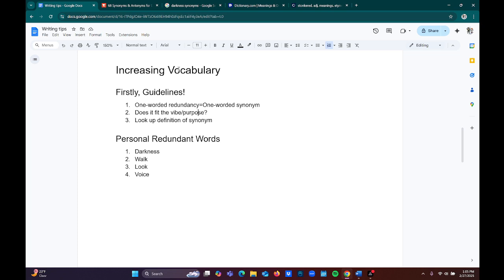The original word that you used is a more common one, or your writing style is a little more casual, I guess you could say. Like you have a specific writing style, and then your synonym is a $5 word, or it's too exotic, if that's a way to put it.